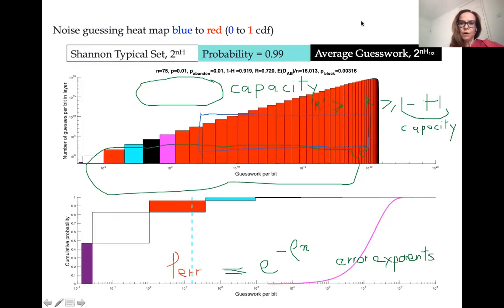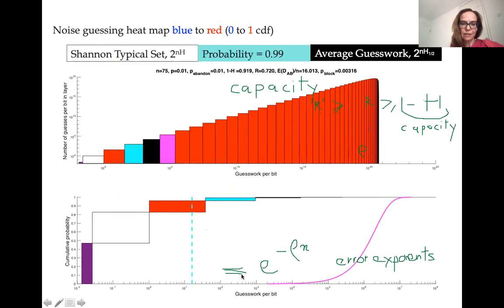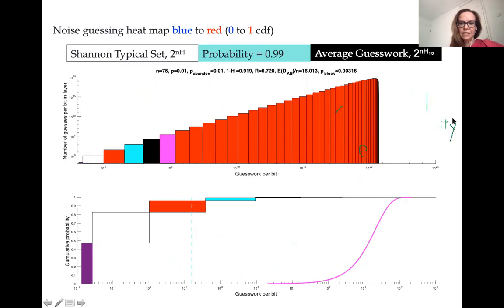Okay, so let's look at what this actually is telling us as to how many guesses we would have to do. Here is a representation of the number of guesses per bits in a layer, and this is how much guesswork we have normalized by the number of bits.